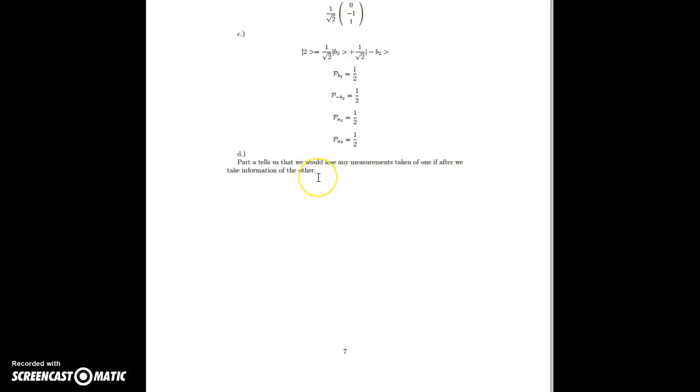And so part D asks how A and B are related. These parts are showing us that if we take a measurement in one of, say, S of X, S of Y, or S of Z, and then we go to the next state and take a measurement in one of the other two, we would actually lose the measurements from the previous part that we took.